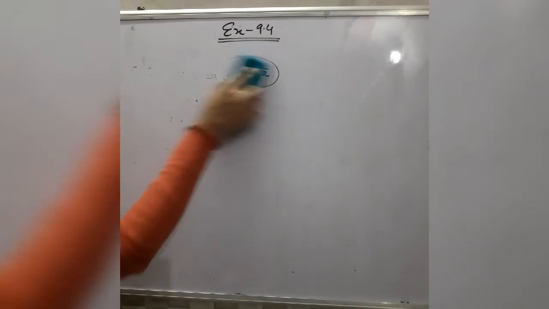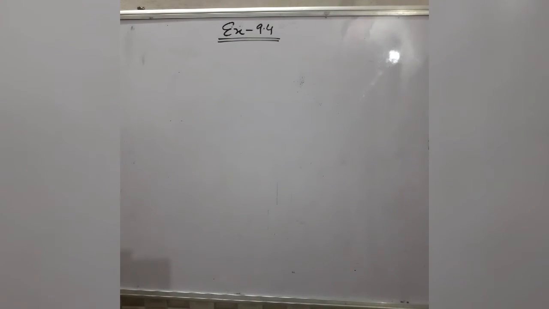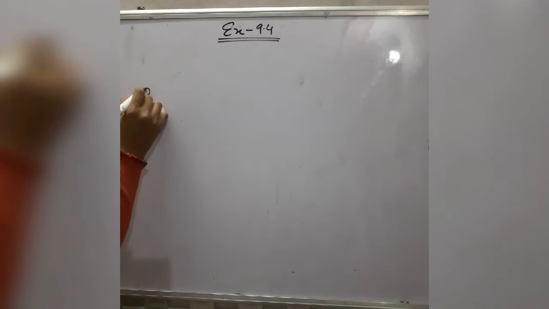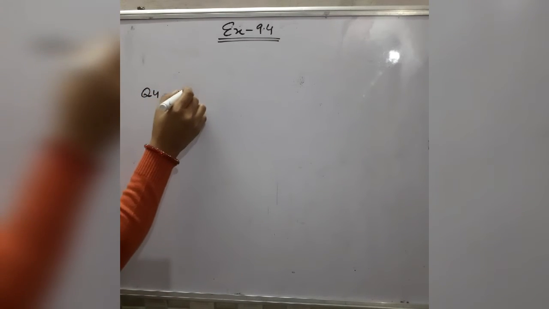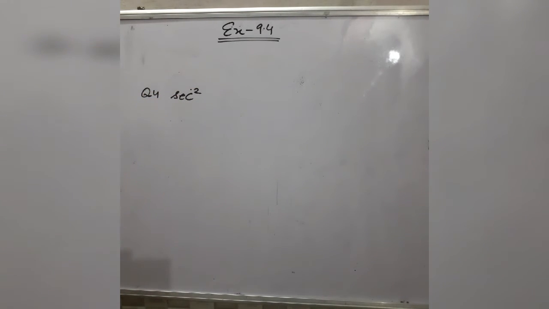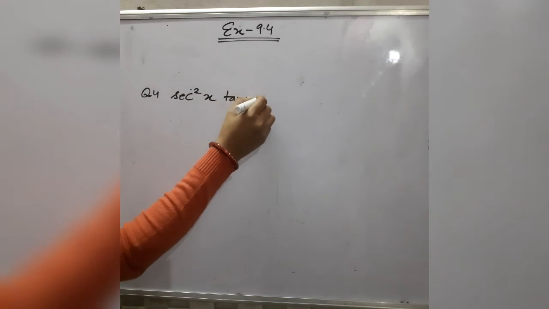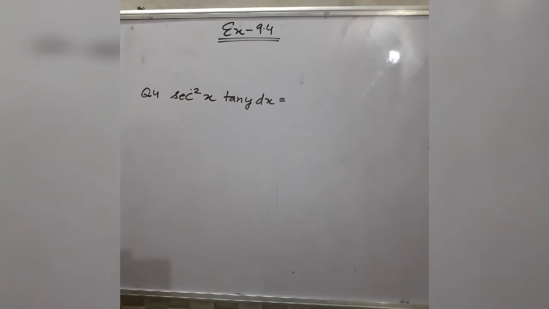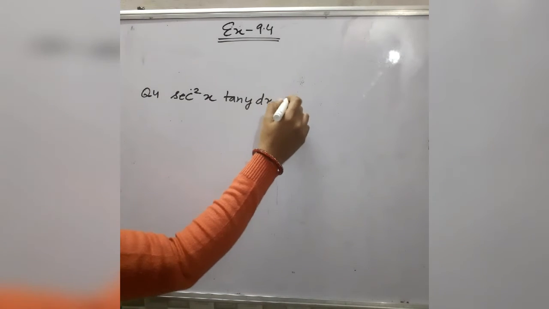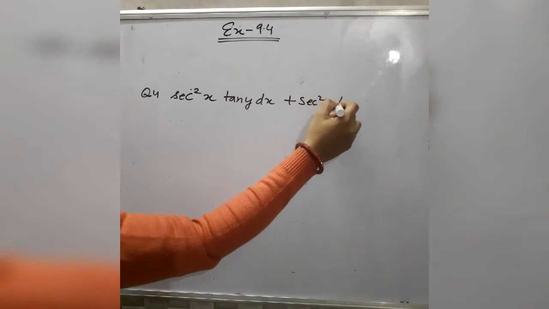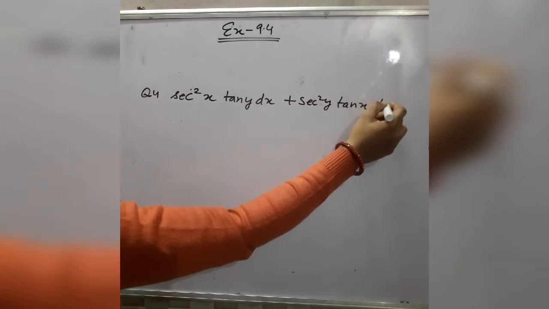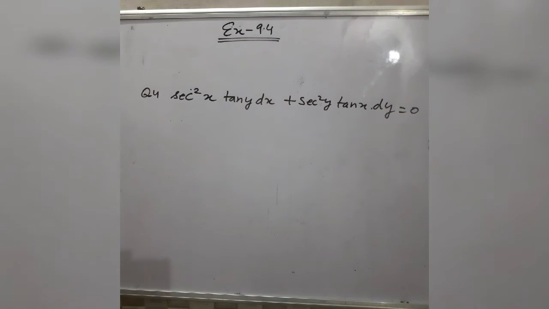Now see the next question. In question number 4, the given differential equation is secant square x into tangent y dx, plus secant square y tangent x into dy, is equal to 0.